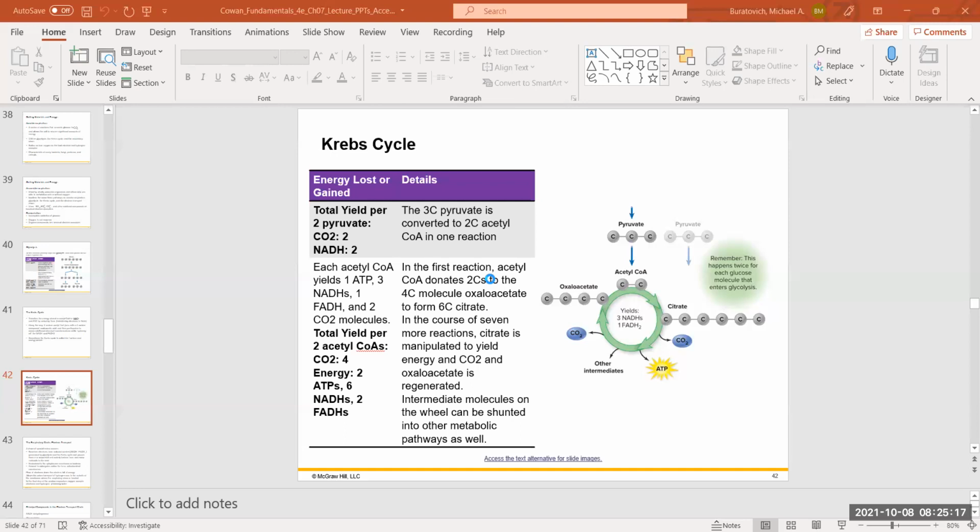Complex 3 will take the electrons and the protons and get them to a series of cytochromes.